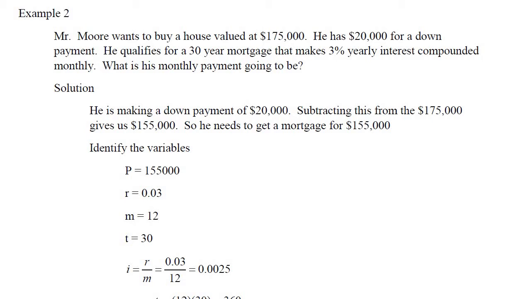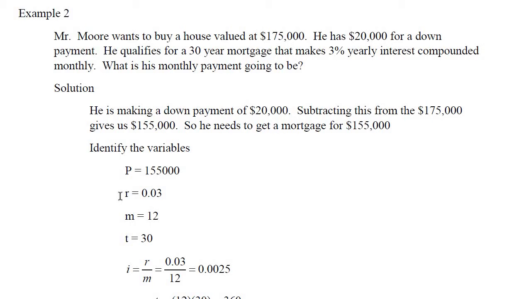So we want to find out what our monthly payment is going to be. So identify our variables. Well, P, that's going to be the amount of the mortgage. Well, to find the amount of the mortgage, we got to take the down payment away from that $175,000. So $175,000 minus $20,000, that gives us $155,000. So we need a mortgage for that amount.